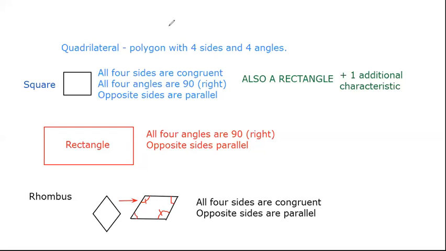So a square is also a rhombus. Look. A rhombus says all four sides are congruent. Well, guess what? A square, all four sides are congruent. And opposite sides are parallel. Same thing. So a square is also a rhombus.